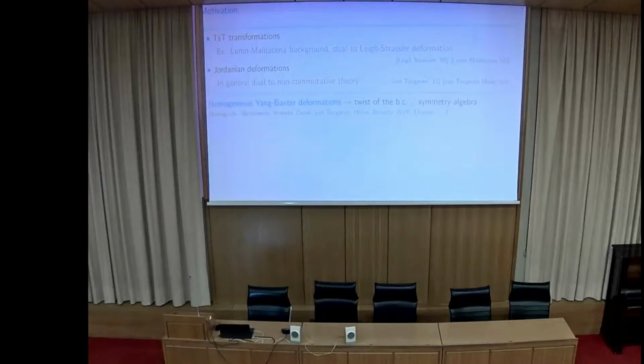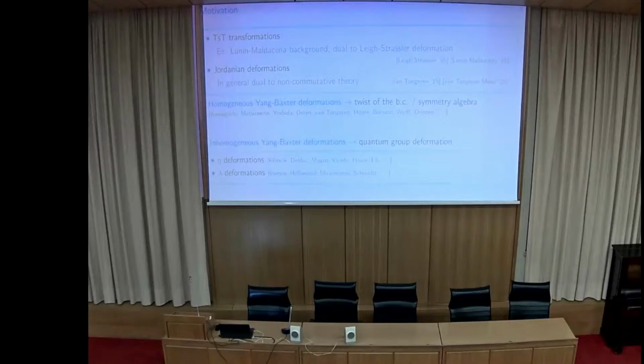These TsT transformations and Jordanian deformations are special cases of what are called homogeneous Yang-Baxter deformations, and they correspond to some twisting of the boundary condition or of the symmetry algebra. A way to phrase this is that a theory on a deformed background with periodic boundary conditions can also be seen as a theory on an undeformed background but with twisted boundary conditions, and the symmetry algebra gets twisted.